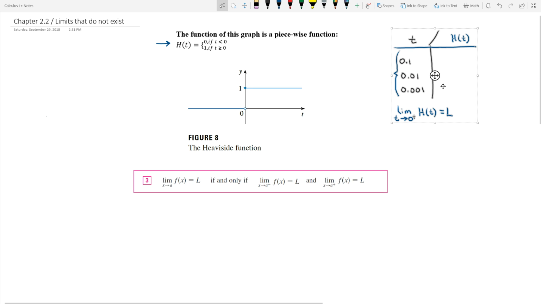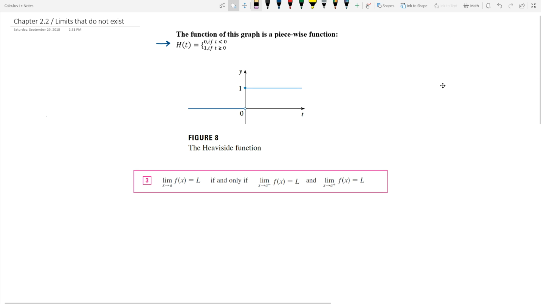Notice that as we approach 0 from the left, our output value is going to be 0. So from the left, as t is approaching 0 for the function, we are approaching the limit 0.